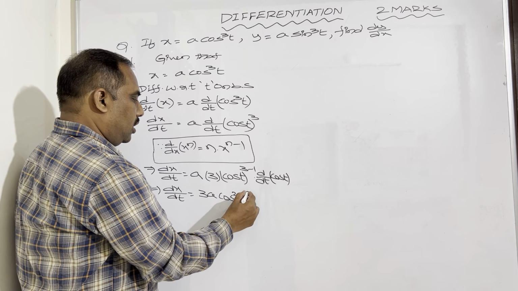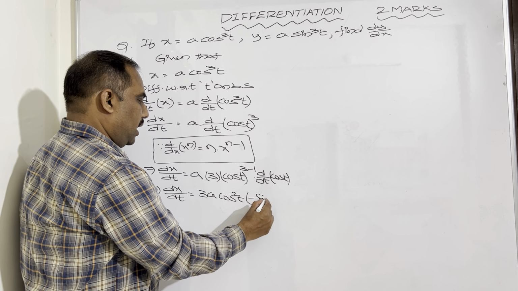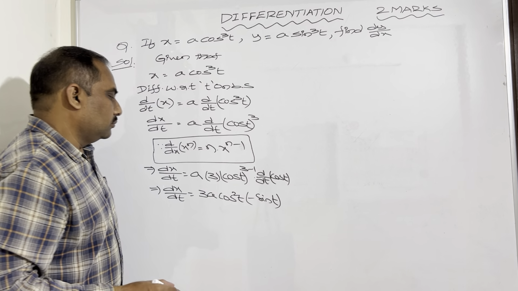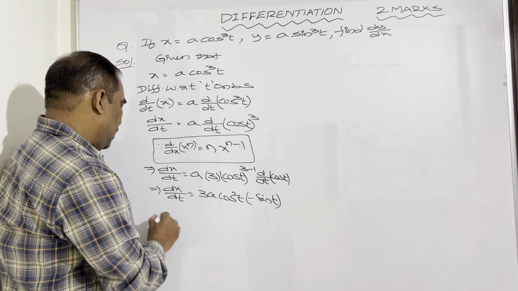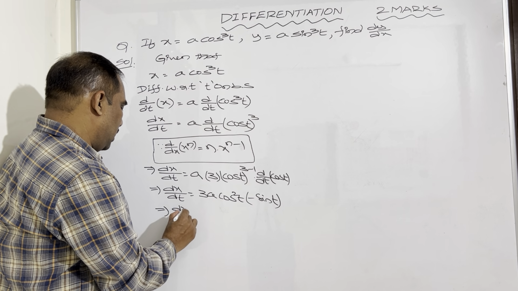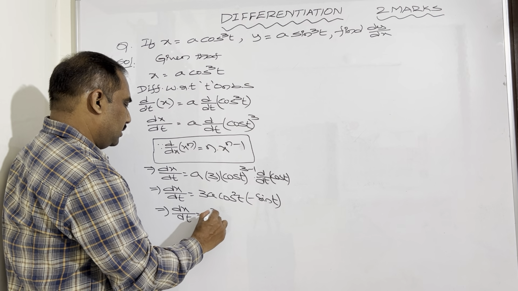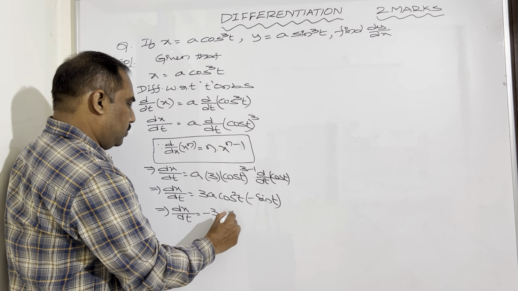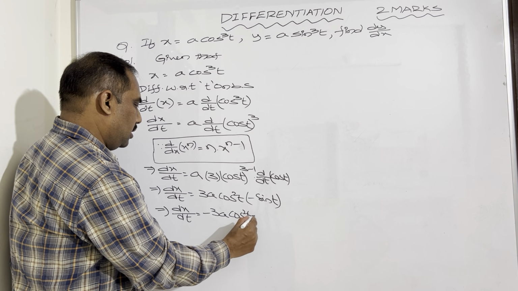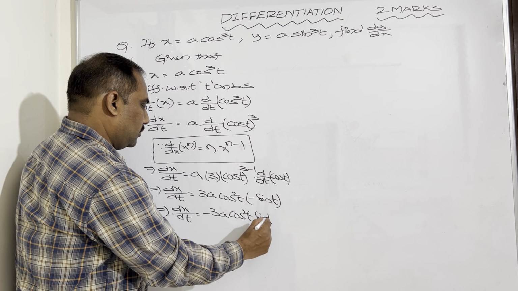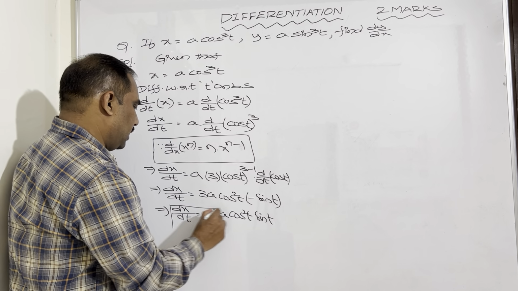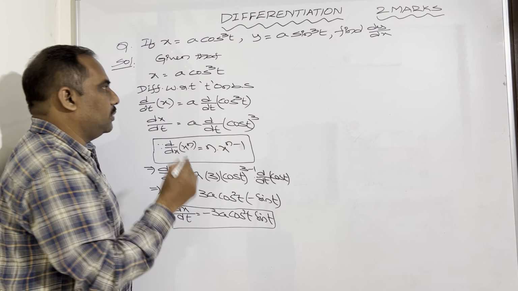Same like that, the derivative of cos t is minus sin t here. Finally we get dx by dt is equal to minus 3a into cos square t into sin t. So this is dx by dt.